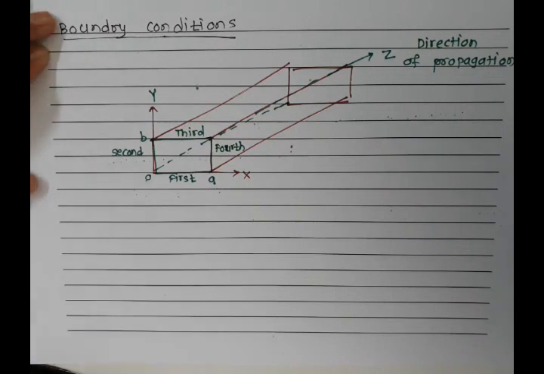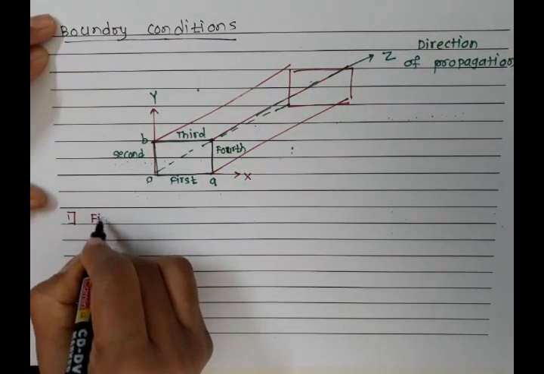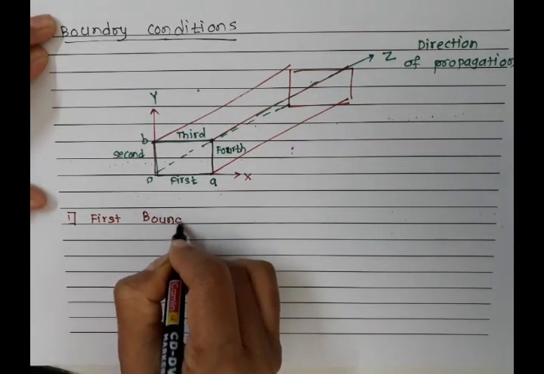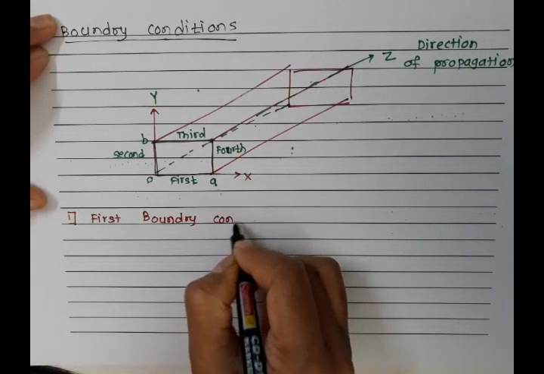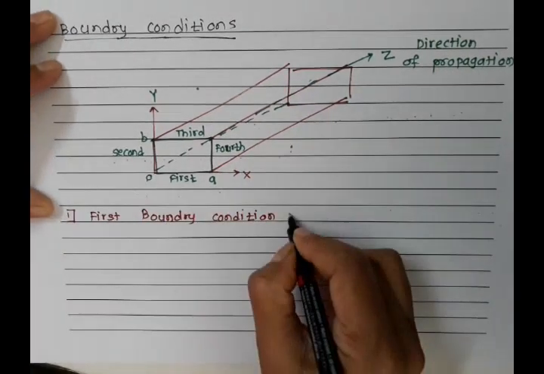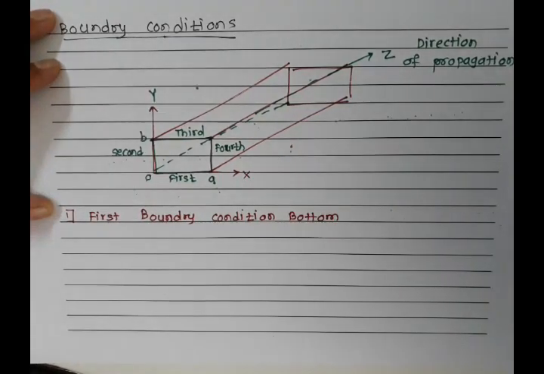So let us see the first boundary condition. In the first boundary condition, I am assuming the bottom wall. Now here we are assuming the wave is a TM wave.